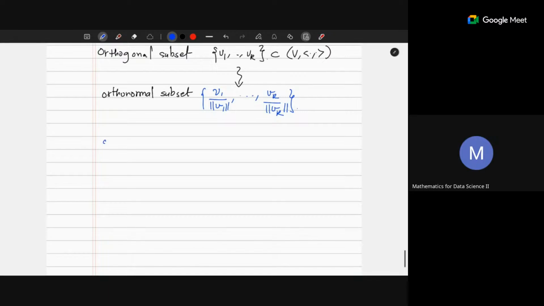Okay, so let me take the example that we discussed earlier of the subset in option 2. We saw that this subset of 3 vectors was orthogonal. Now how do we obtain the orthonormal set from this subset?